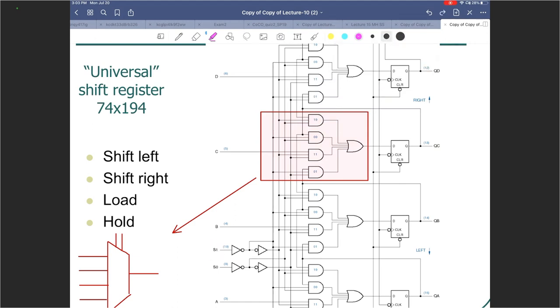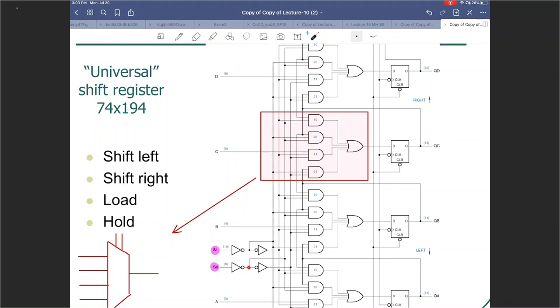And if you focus on how the things are connected, S1 complement is connected here and here. You see 0 there, 0 there.